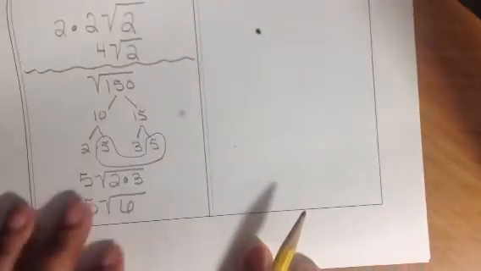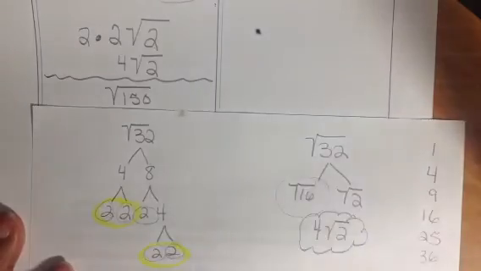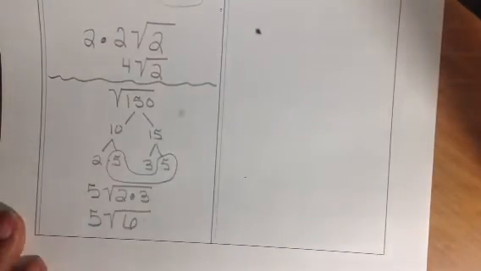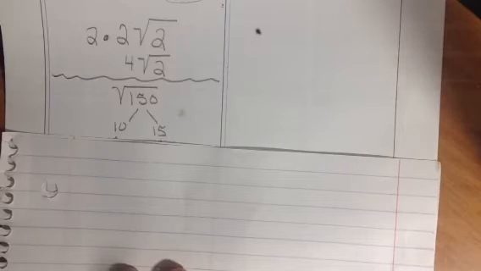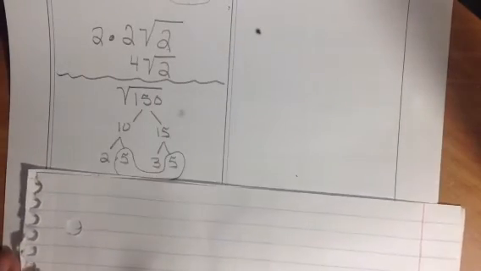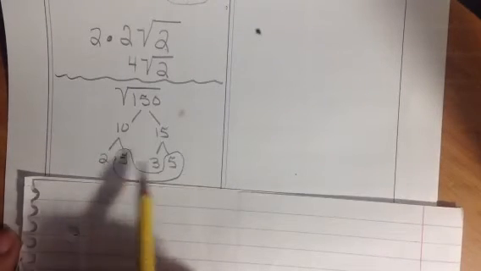And I have radical 150. Oops. Let me get another piece of paper here. So 150, I can break it into saying 10 times 15. I can break my 10 into saying 2 times 5, 15 into 3 times 5. These are all prime numbers.